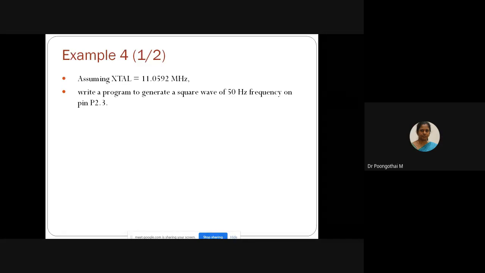Here you convert that 50 hertz into time period. That is the first step. Please note down the step: convert 50 hertz into time period, 1 divided by 50.